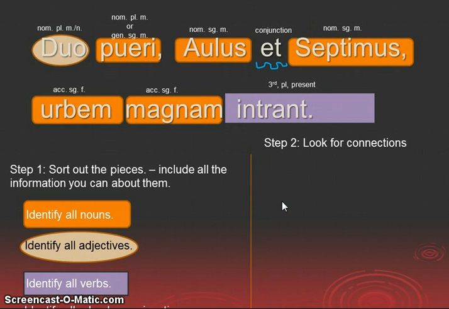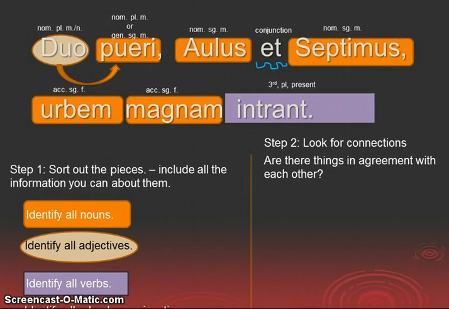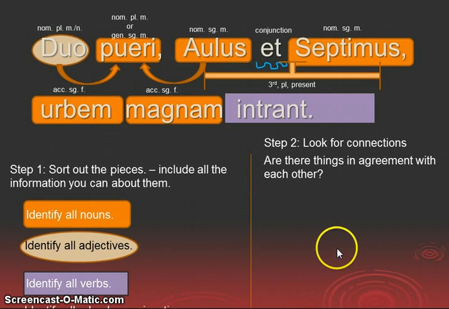Now, step 2, we're looking for connections. We still haven't worried about what these words mean yet. Are there things that are in agreement with each other? Duo pueri, as we mentioned. Aulus is joined to Septimus by the conjunction et. Aulus is nominative singular, so it could refer back to pueri, and notice there's a comma there that sets this off.